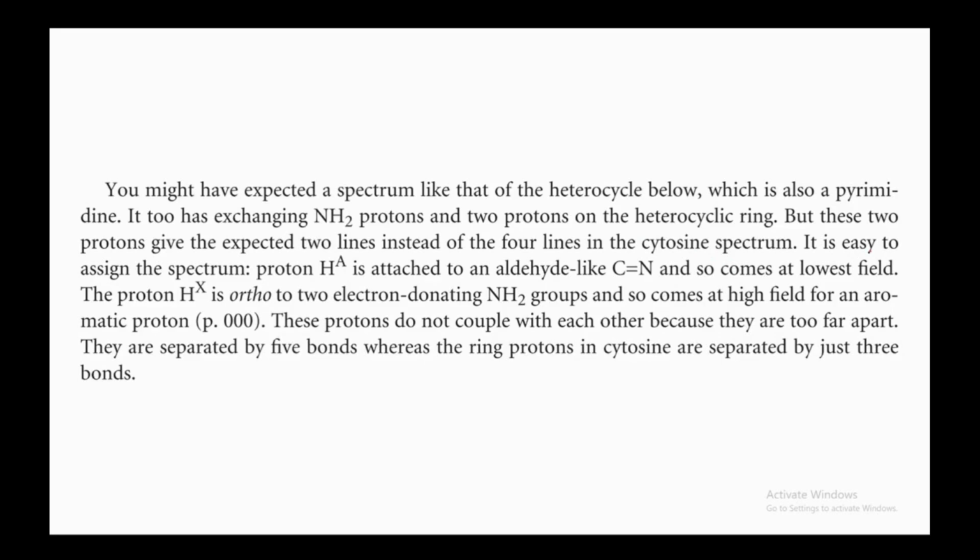HA is attached to an aldehydic C=N bond, and so comes at lowest field. The proton HX is ortho to 2 electron-donating NH2 groups, and so comes at high field for an aromatic proton. These protons do not couple with each other because they are too far apart; they are separated by 5 bonds, whereas the ring protons in cytosine are separated by just 3 bonds.